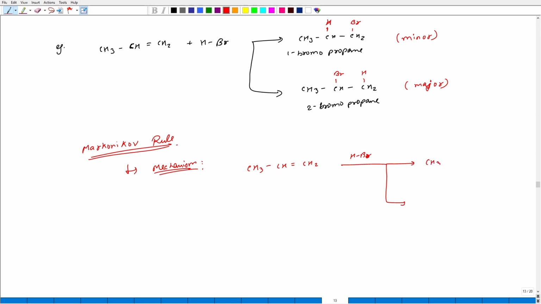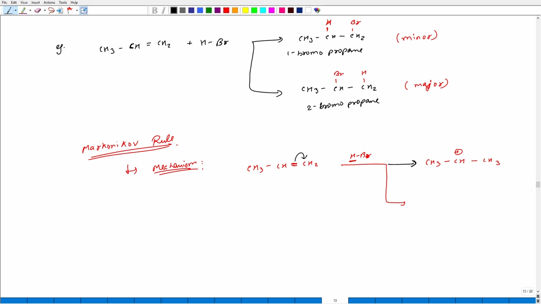One is this way, that the carbocation forms on the center carbon, and this carbon which will have the negative charge will take up this H plus and will form CH3.